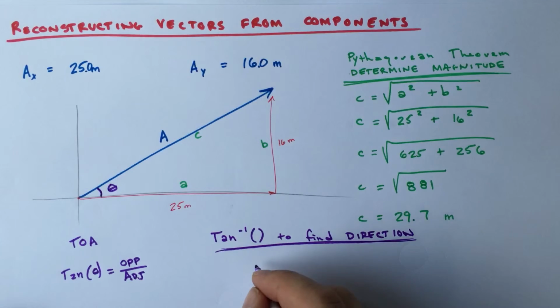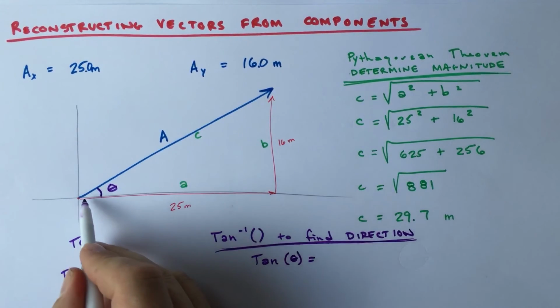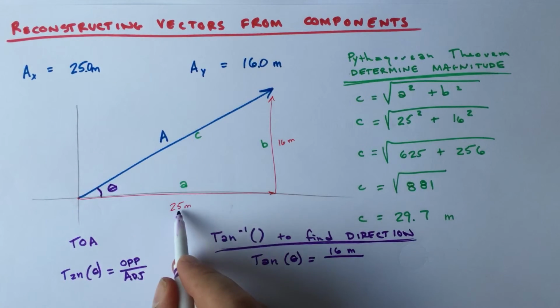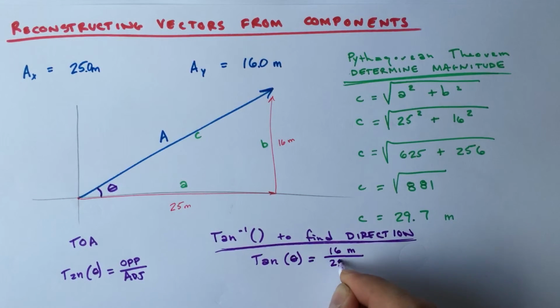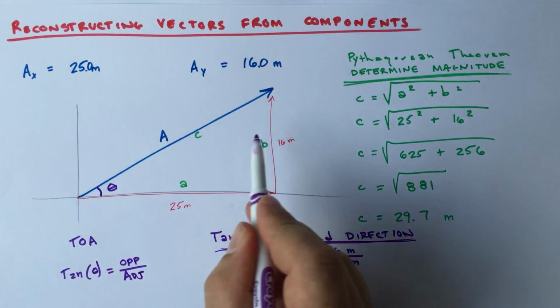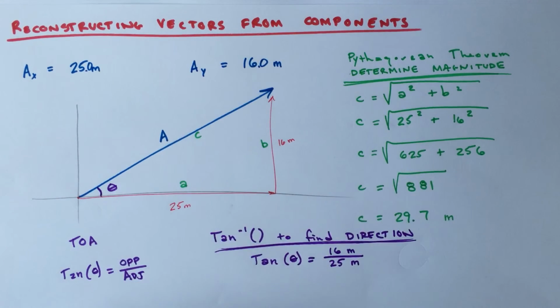So I can write this out. I can say that the tangent of theta has to equal the opposite, that's 16 meters, over the adjacent, that's 25 meters. The opposite is the opposite side from theta. The adjacent is the other one that's not the hypotenuse.